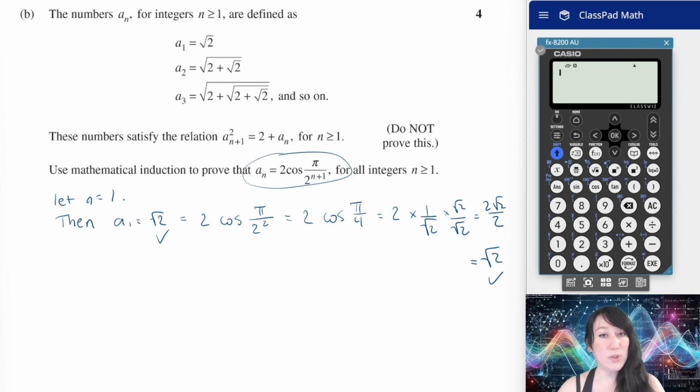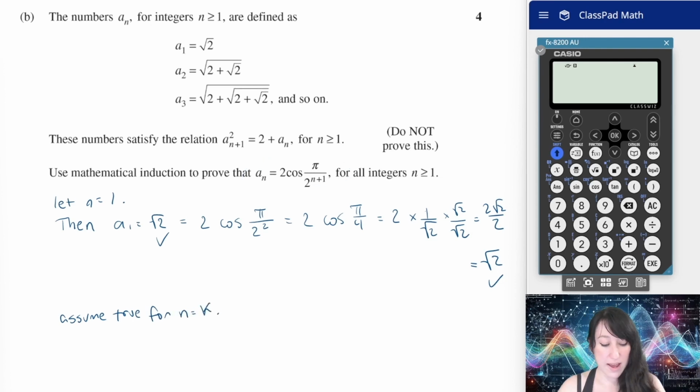Now we assume it's true for some n equals k. Now, it'll be difficult to express something like this for the kth term. So let's use this relation to express ak.